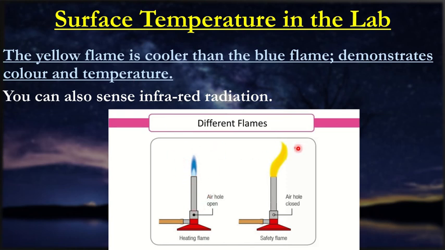So there is our own little lab correlation between the color of an object and its temperature. Notice at high temperature, we're not really looking at the chemical composition anymore. We're just looking at the amount of wavelengths exerted at that high temperature. You can also feel the infrared radiation quite a bit with the yellow flame.